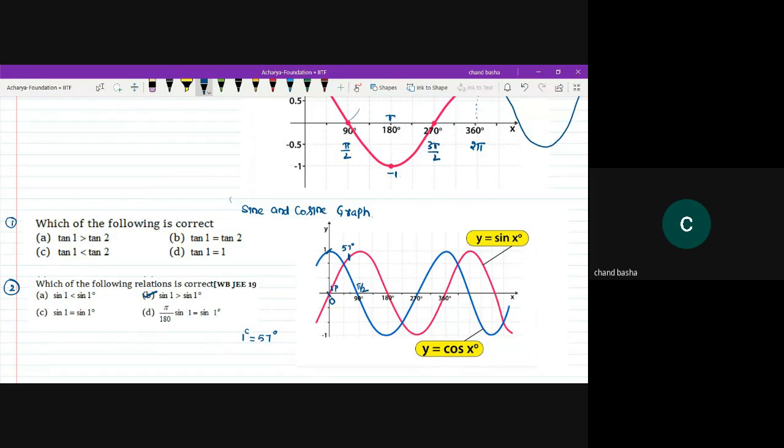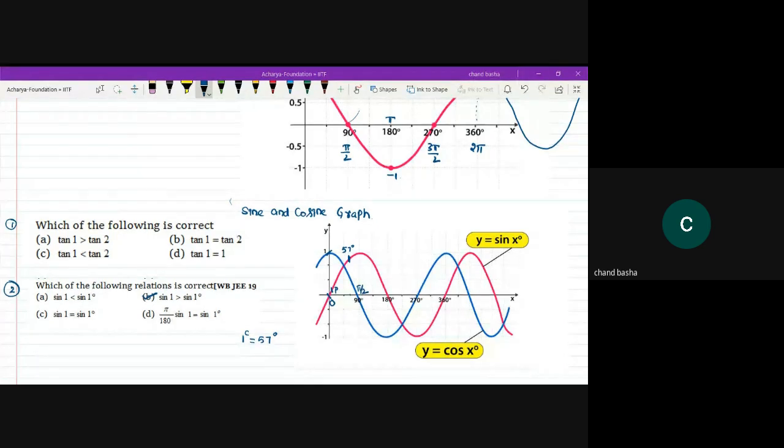Similarly at 180 degrees and then 360 degrees, the sine function is 0. Clear? Once you are perfect in the tabular values and the conversions, the measurement of an angle, you can understand the graph. Where it reaches the x-axis, cutting the x-axis, the graph will become 0. The value of sine or cos will become 0. Clear?